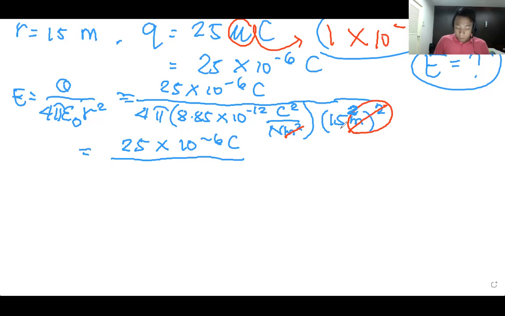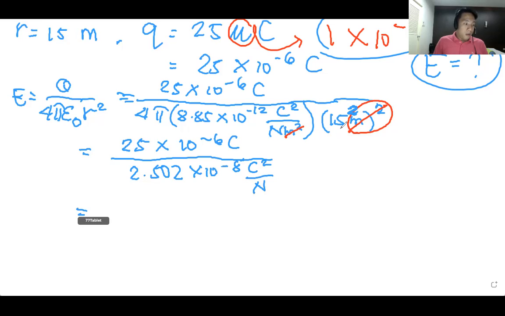So we will multiply 4 pi multiplied by 8.85 by 10 raised to negative 12 times 15 squared. If I put that in our calculator, the answer will be 2.502. There are more numbers, but I just rounded off. Multiplied by 10 raised to negative 8. Since the m squared are cancelled, I will just put C squared over N.